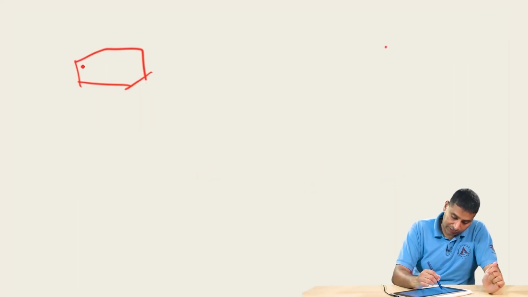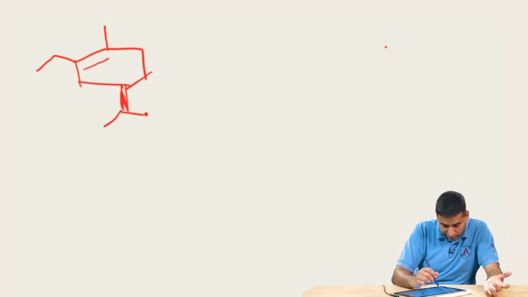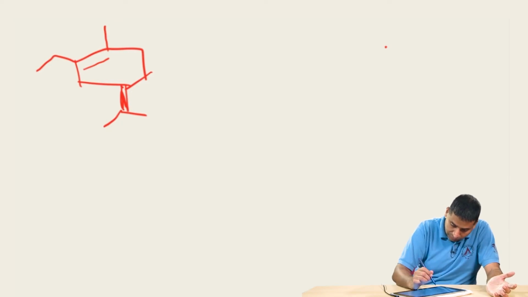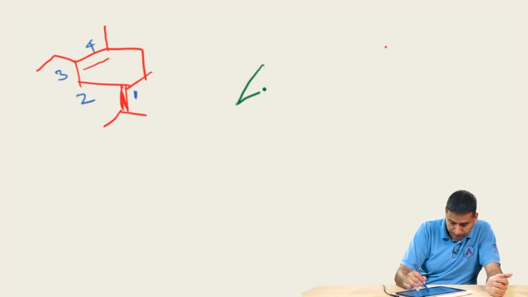In this case, the molecule you are looking at has an olefin over here, and then there is a methyl, an ethyl, and an isopropyl. First, I will just start numbering it as 1, 2, 3 and 4, and now I would draw it in the chair conformation.